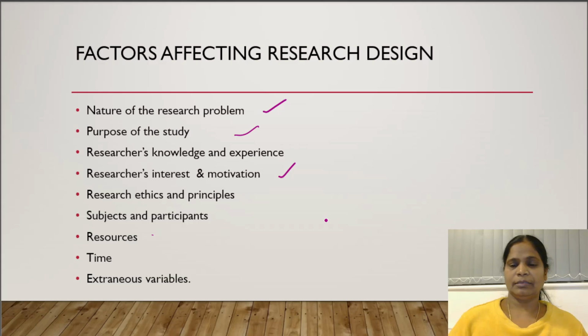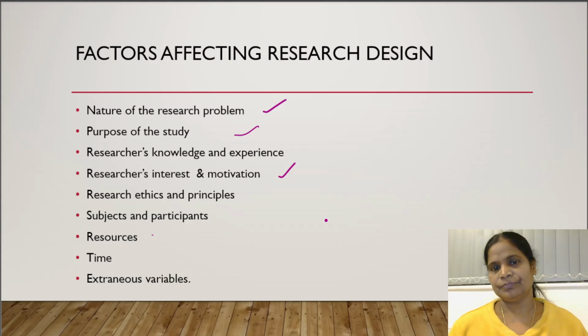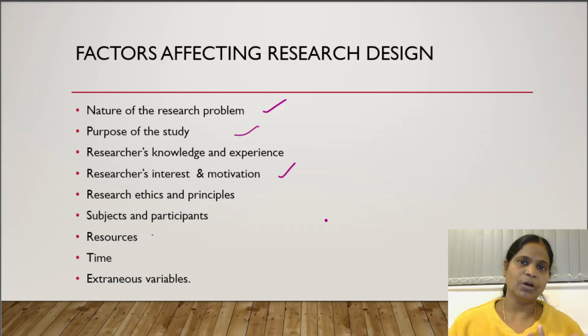Next is the researcher's interest and motivation. It's not that easy to just select some design and apply it to the study. The researcher should have an interest to browse through various research designs, acquire some knowledge, then find out which is suitable. He needs a lot of self-motivation.